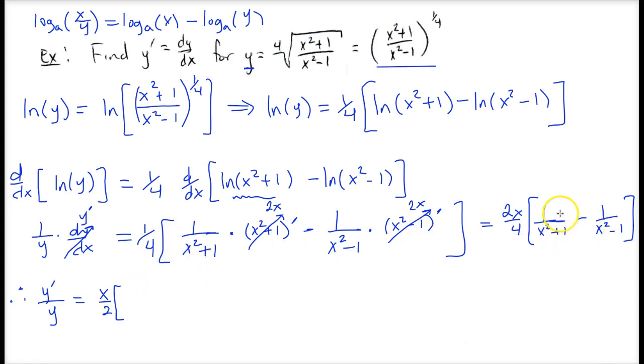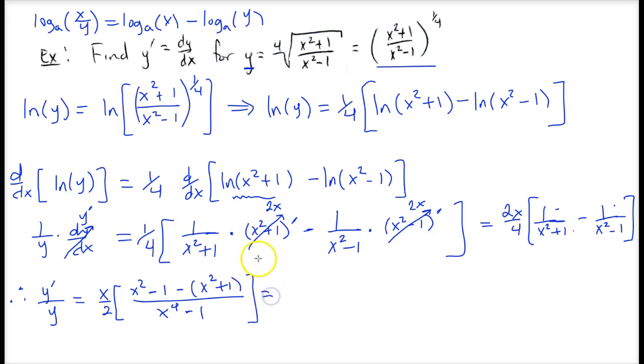So to do that, I'm going to multiply numerator and denominator here by x squared minus 1, and numerator and denominator over here by x squared plus 1. So if I do that, that will be x squared minus 1 minus x squared plus 1. And then all of that will be over, and when I FOIL x squared plus 1, x squared minus 1, that'll be x to the 4th minus 1.